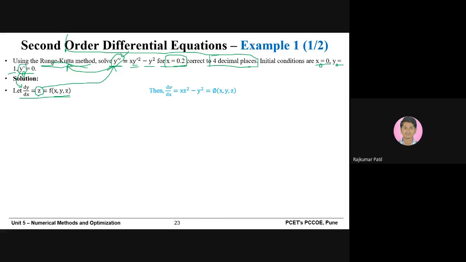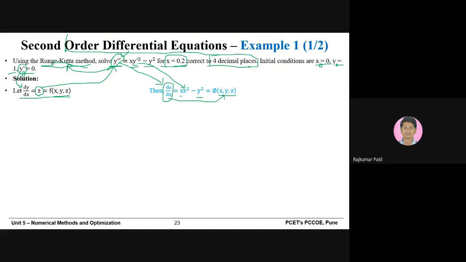Then we can write d2y by dx square or y double dash as dz by dx, which is equal to x. We will replace y dash square as z square minus y square, which is the function of x, y, and z. So dz by dx is a function of x, y, and z.